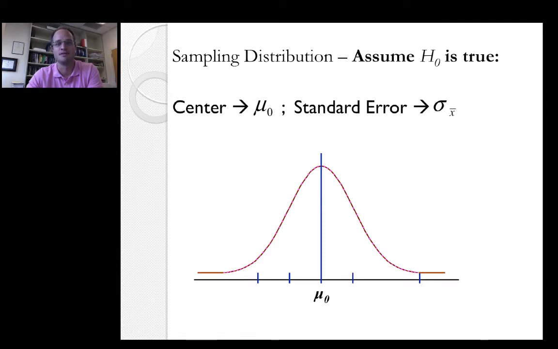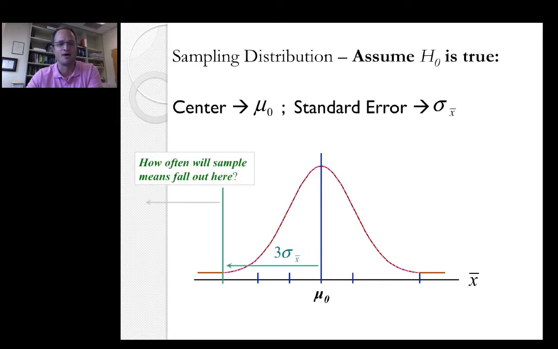And to motivate that, consider this sampling distribution, assuming that H0 is true. This notation, mu sub naught, is the hypothesized value of the population mean. So assuming that's true, and with a population standard error sigma sub x bar, let's look at this distribution of sample means.